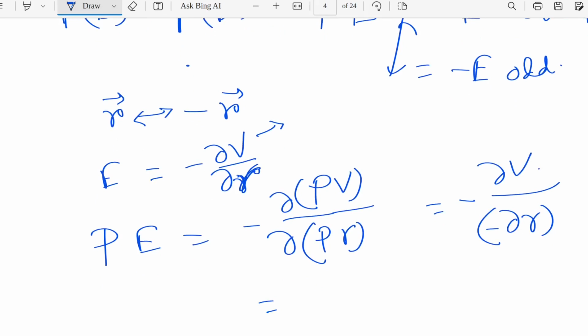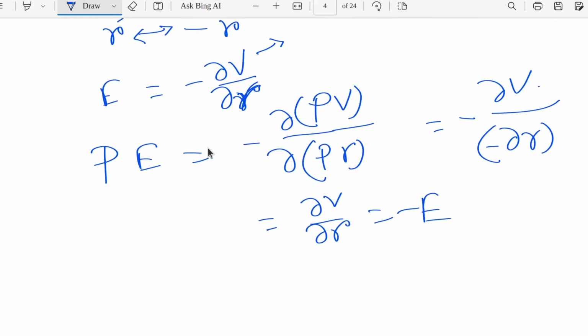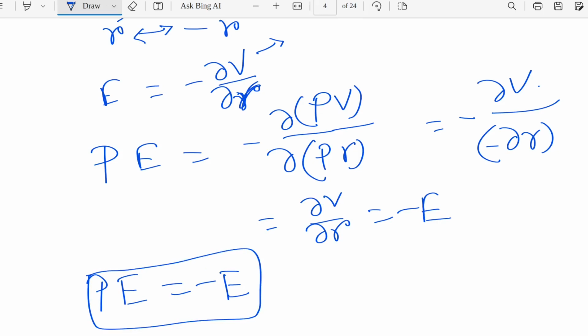So you can see the minus sign, which means we get plus del V by del R, and that is nothing but minus E. Then I can write P of E equals minus E. That means the electric field is odd under parity. So this is for the first case.